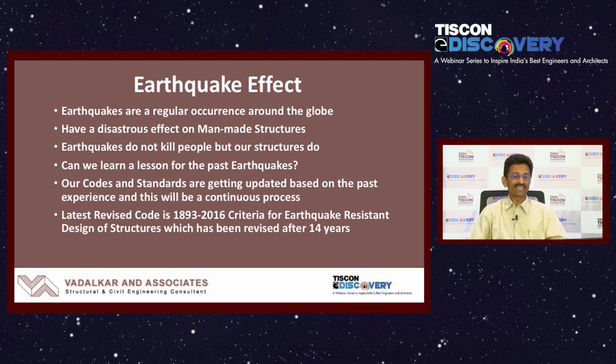Now recently the code has been revised, that is IS 1893 2016, Criteria for Earthquake Resistant Design of Structures, which has been revised after a long gap of 14 years. Of course, whatever experience is gained is to be implemented in our actual professional practice as well, and that's how the codes are getting updated every time.